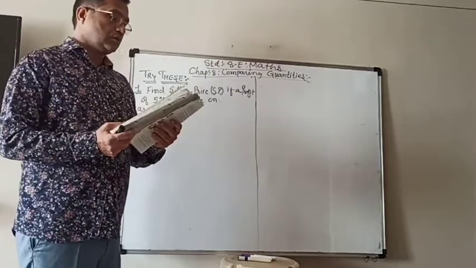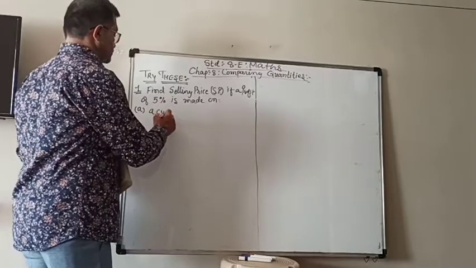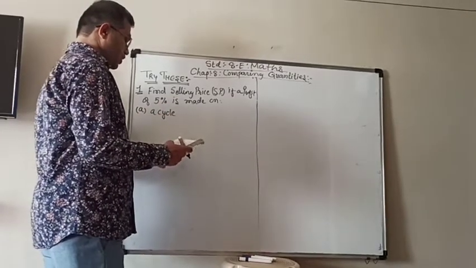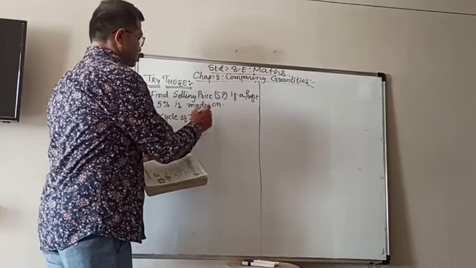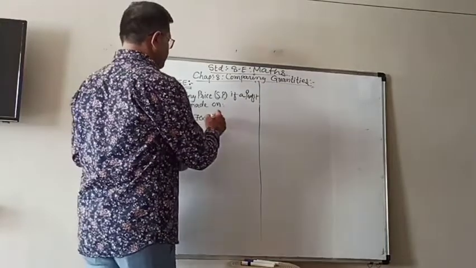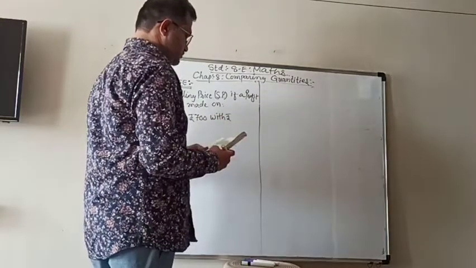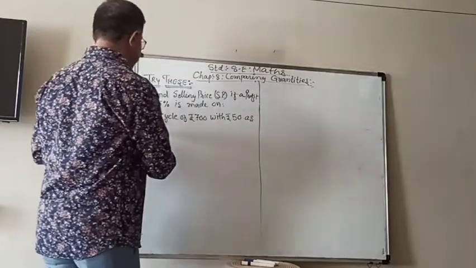So now the first one is a cycle of rupees 700 with rupees 50 as overhead charges.